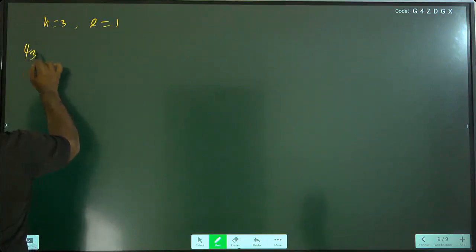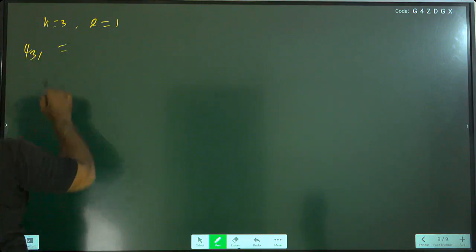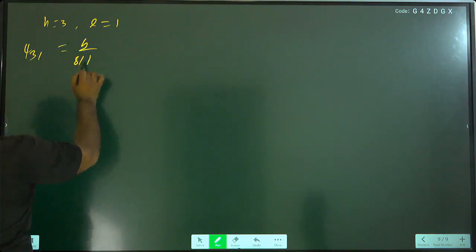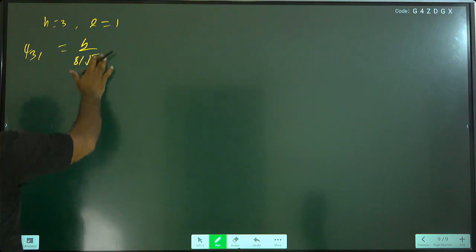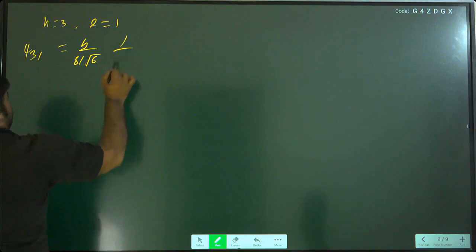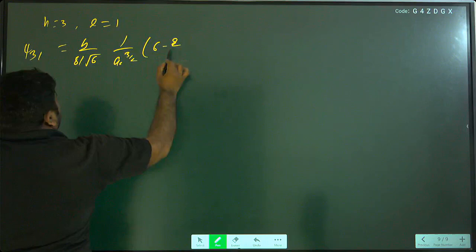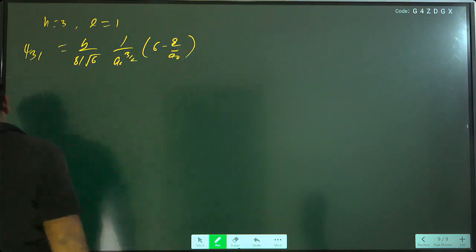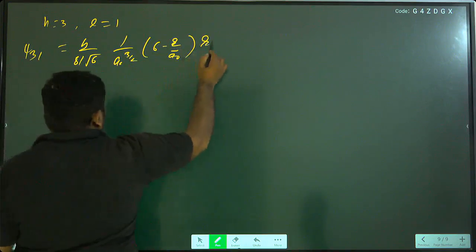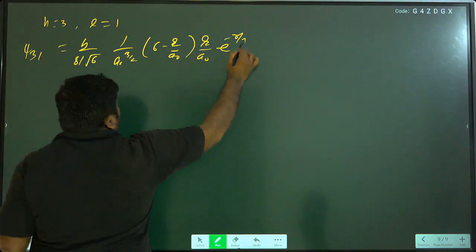Then psi 3 1 0, or psi 3 1, is equal to 4 upon 81 root 6 into 1 upon a naught to the power 3 by 2 into 6 minus r upon a naught, r upon a naught, e to the power minus r upon 3 a naught.